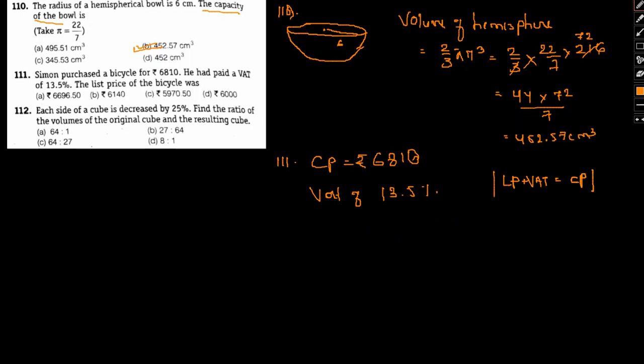In this case, if we talk about the list price and VAT, then we can have 1 point... hang on, I might have missed something over here. VAT is given, okay, sorry, my bad guys.